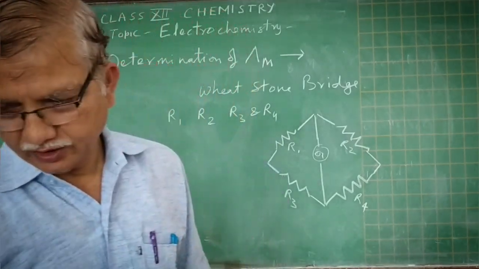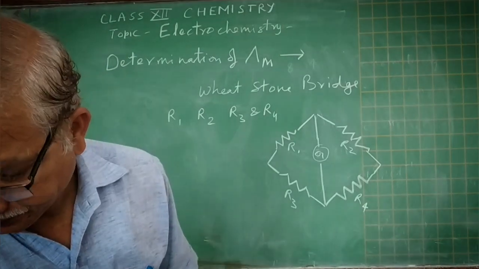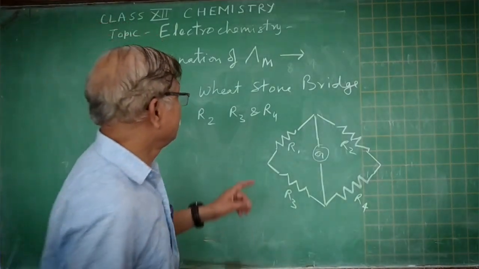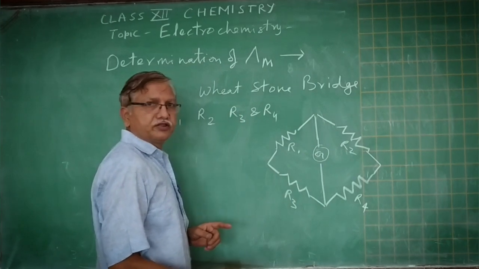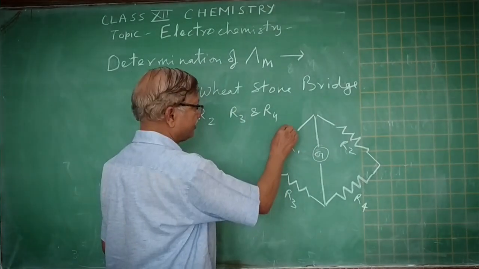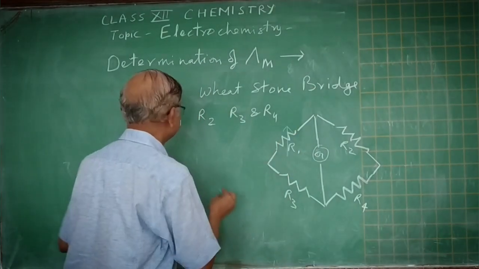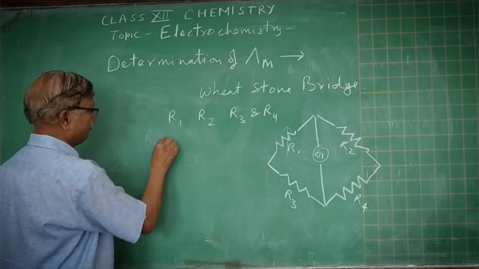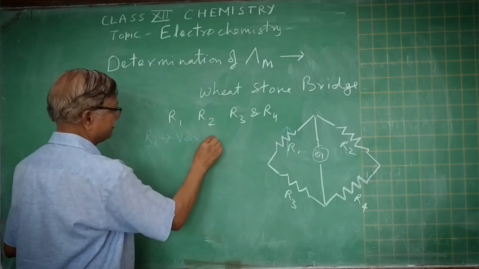Now, if we see the resistances, R1 is a variable resistance.